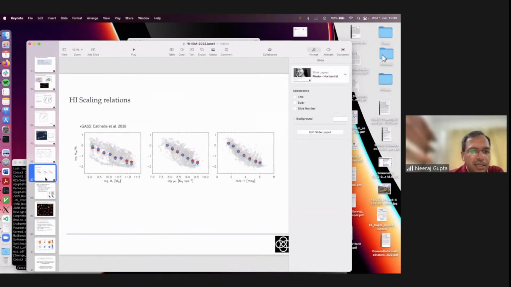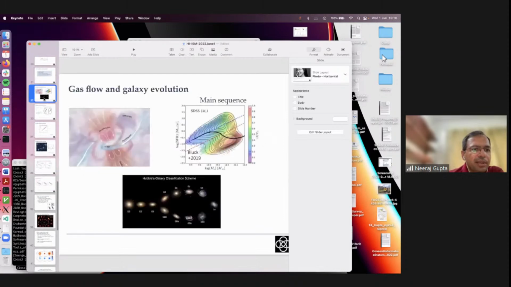So this is what the plot is representing. On the extreme left we are looking at the gas fraction. As the galaxies get gas poor, on the bottom right you have galaxies which are very gas poor. Again, you can relate this to the classification.